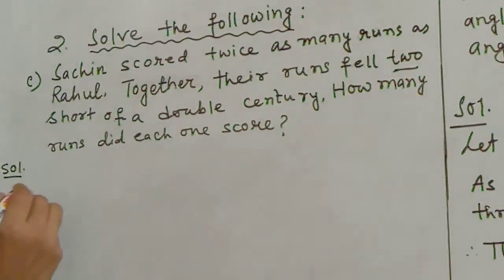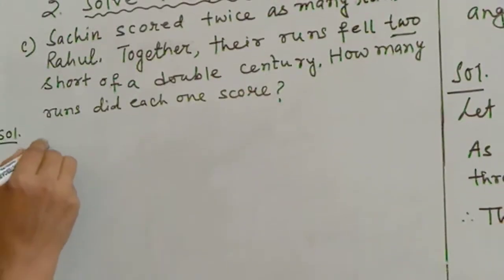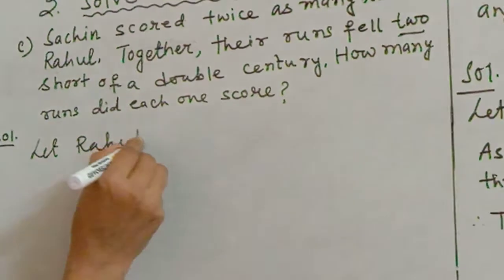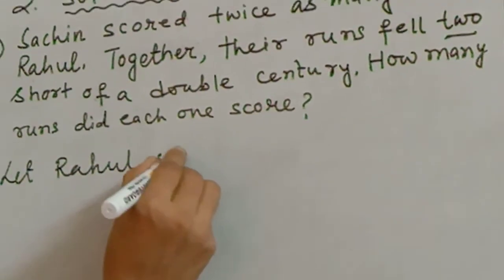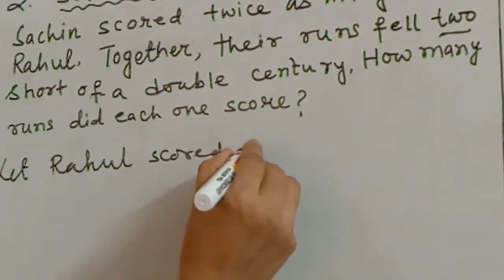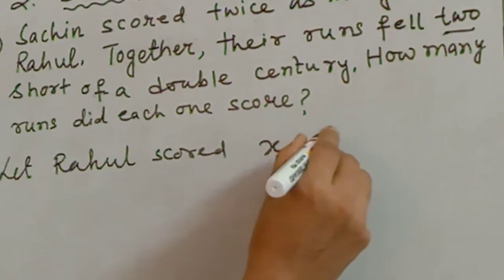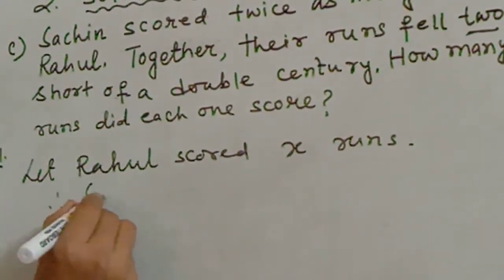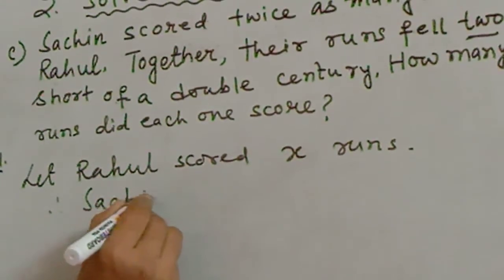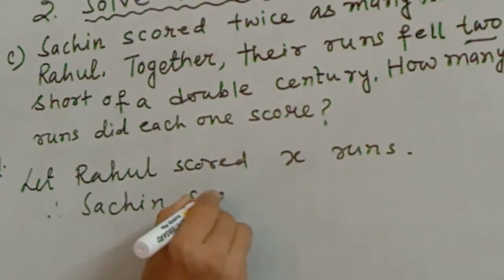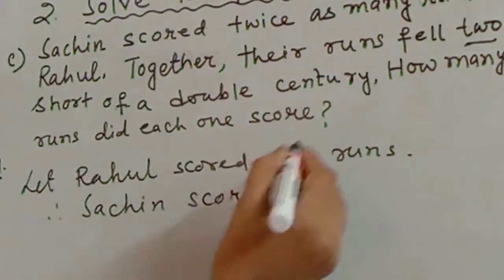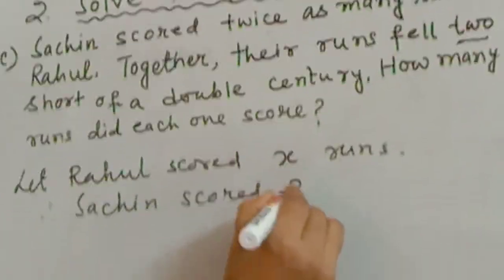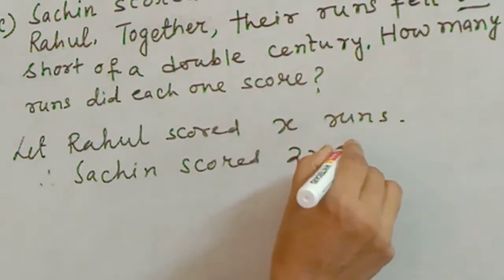Understood? Now, let Rahul score x runs. Therefore, Sachin scored 2x, twice as many as Rahul scored, so 2x runs.